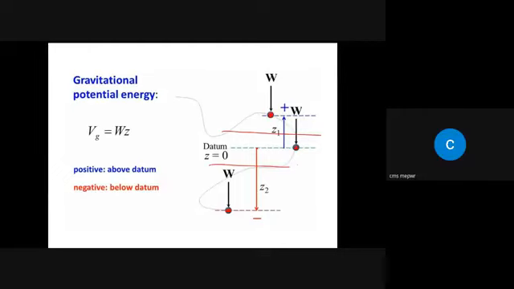If you change the datum, the potential will change. But if I want to find the change in potential energy when the object moves from this location to this location, it will remain the same whether you put the datum over here or over here. That's why we are interested in the change in potential, or in most cases we consider the change in potential energy rather than its absolute value, right?